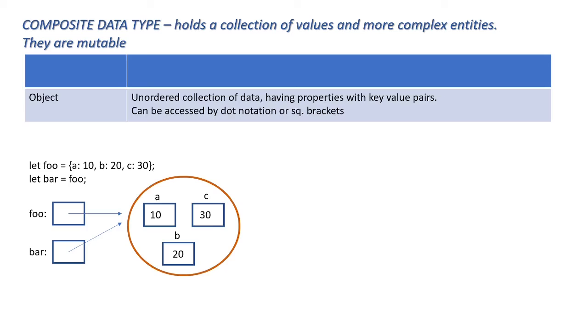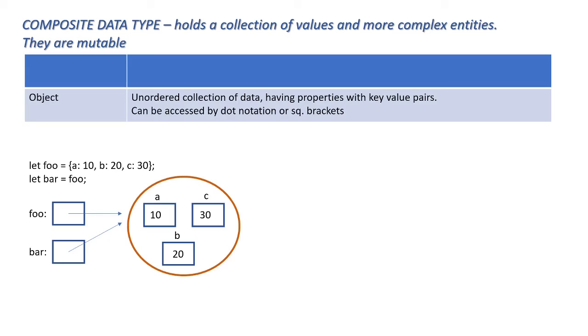Okay, one thing we should note here is that composite data types are mutable. Mutable means once we assign a value to it, we can change the contents of that particular assigned value. So here I'm showing one example. Let foo equal an object having three properties a, b, c with keys and values, and let's say I'm assigning this particular foo to the bar variable.